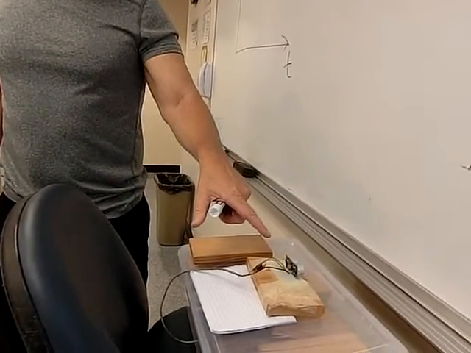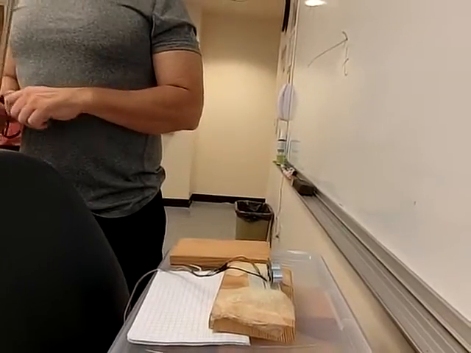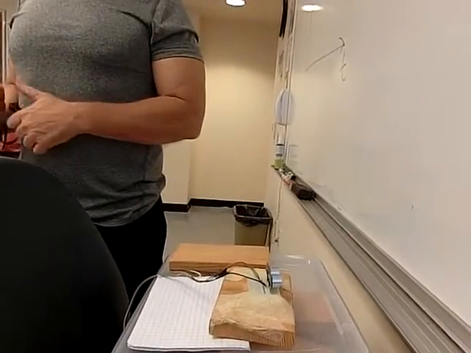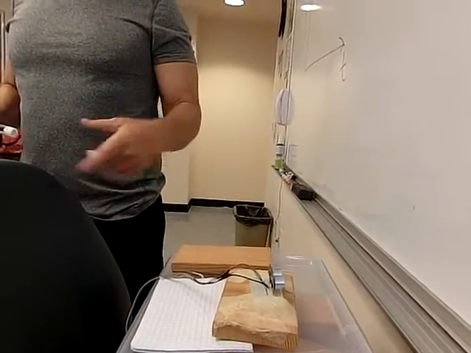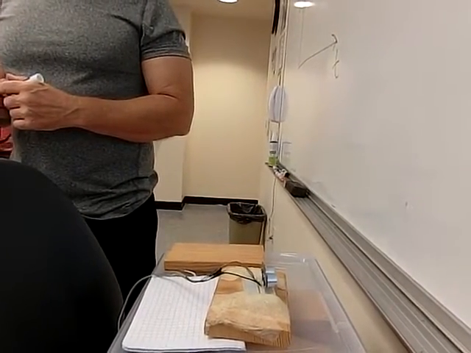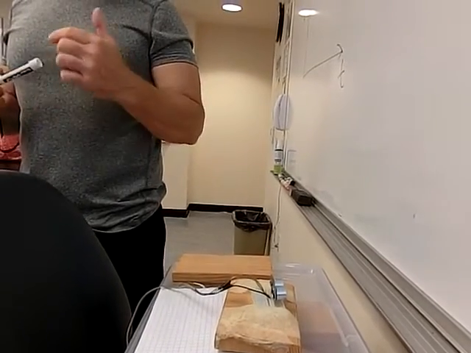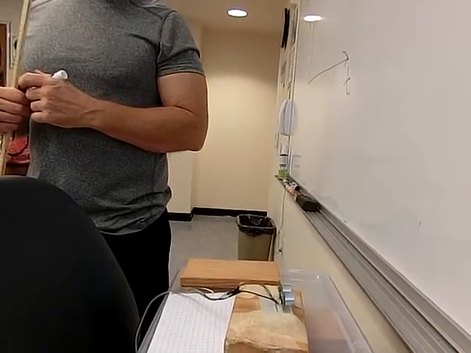This is an ultrasonic position detector. It spits out a sound wave that's at a frequency higher than we can hear. So the dogs in the neighborhood are going crazy right now.